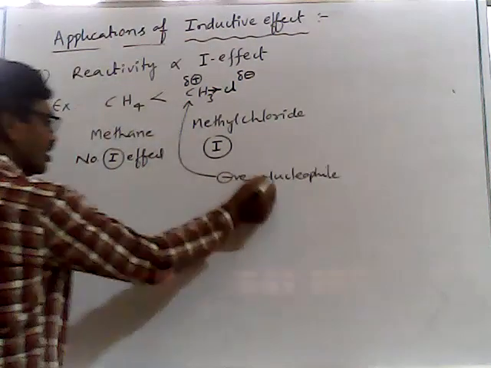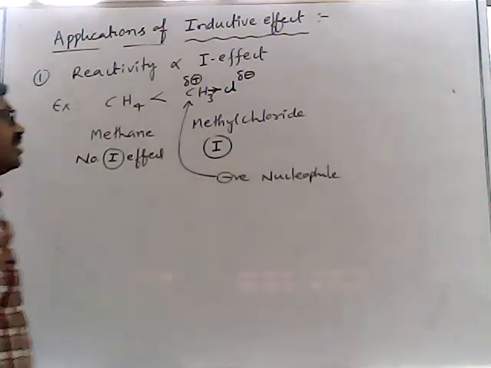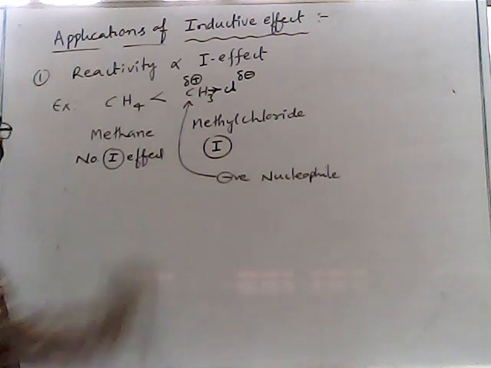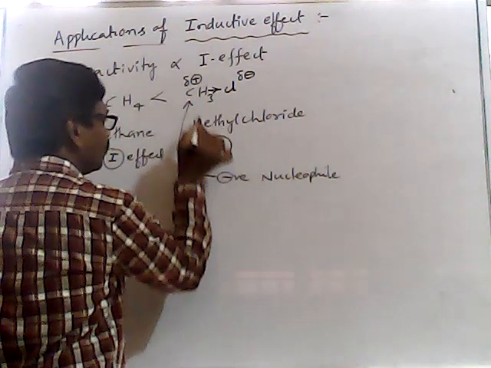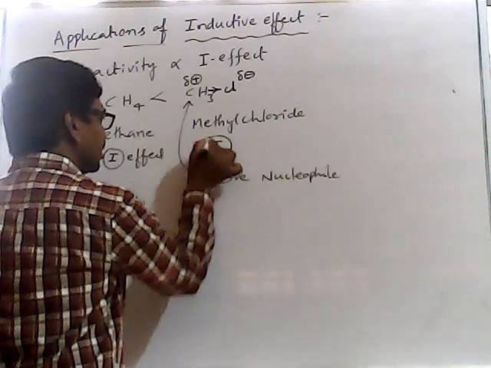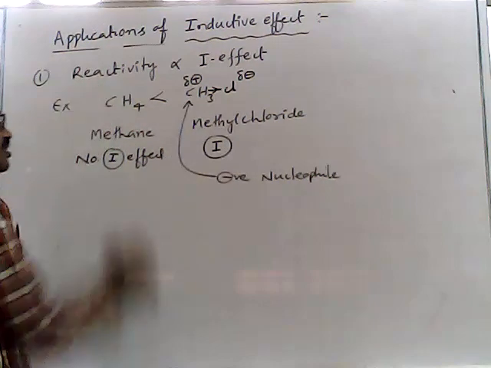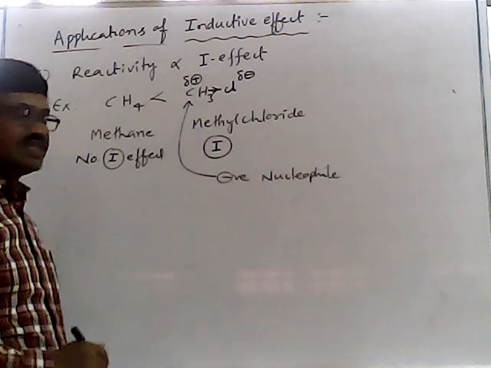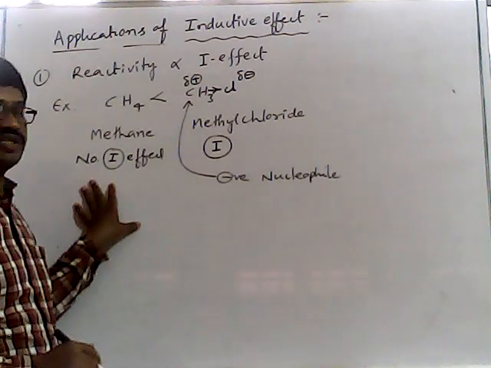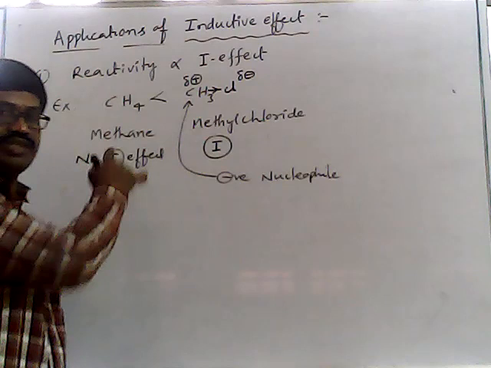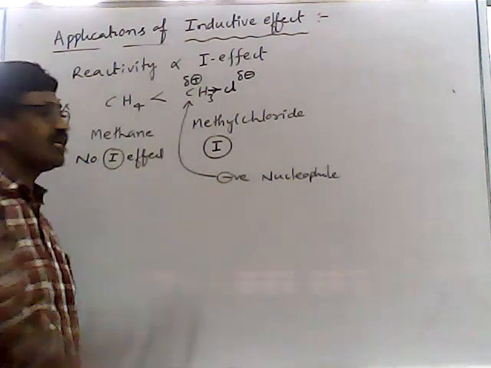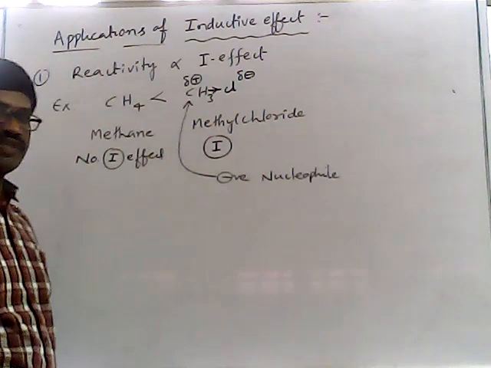So the nucleophilic attack takes place. So these are nucleophilic reactions. So the reactivity of compounds is more in which the inductive effect is present, and less if there is no inductive effect. So methane is less reactive than methyl chloride. Why? In methane no inductive effect, in methyl chloride there is an inductive effect.